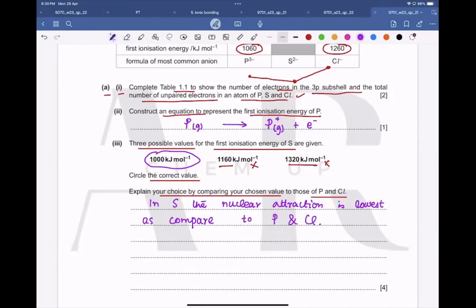That's why its ionization energy would be smaller than both of them. Is this understandable?